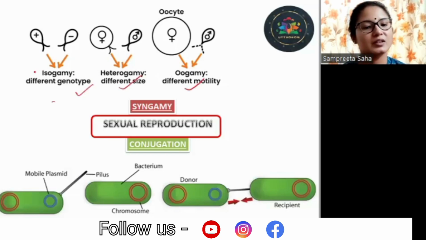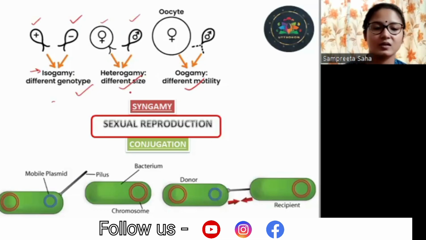So, what is happening in isogamy? You can see over here the gametes are same. Whereas in case of heterogamy, the gametes are different. Both are motile, but the nature is different. The size is different. Whereas in case of isogamy, you can see as in iso means same. So the genotype is different.